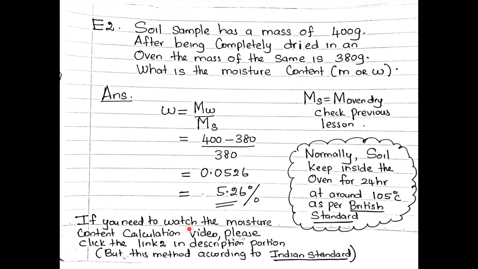If you need to watch the moisture content calculation video, please click the link 2 in the description portion below. But this method is according to the Indian standard. Temperature and duration vary a little bit. Doesn't matter.